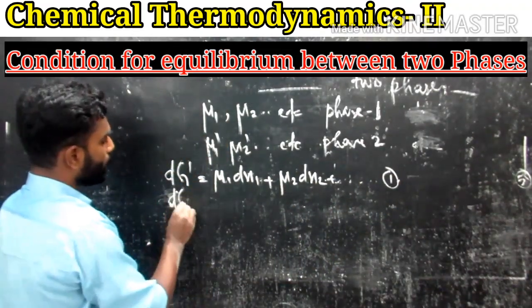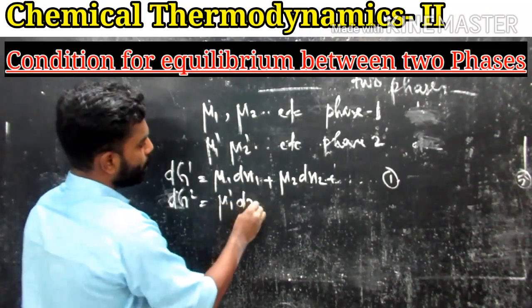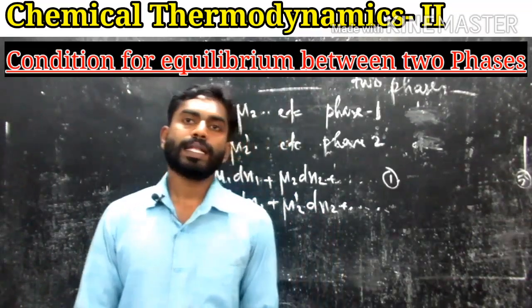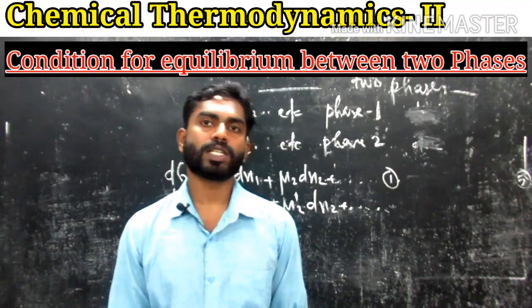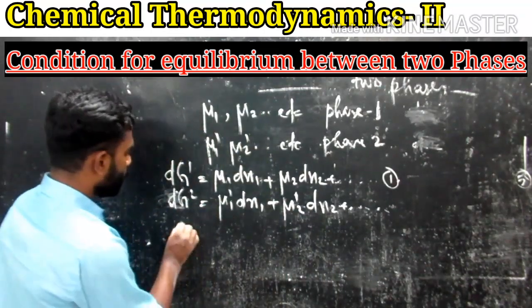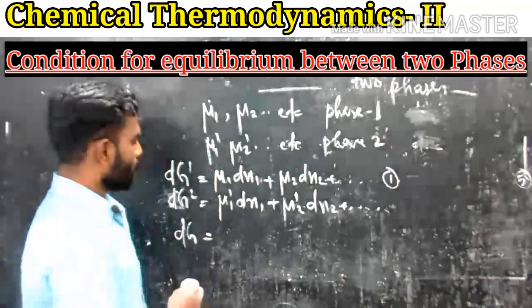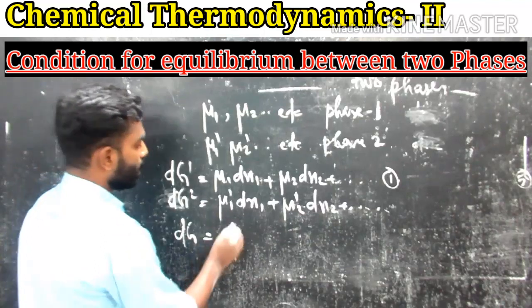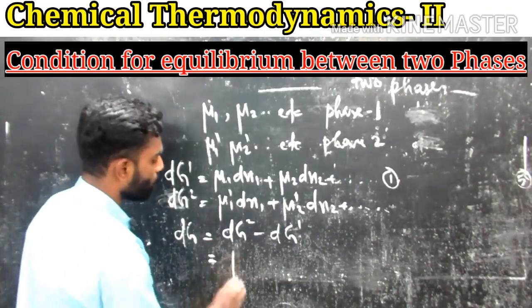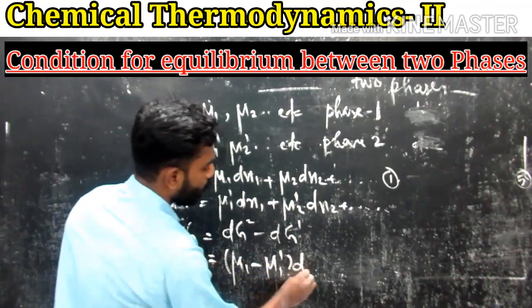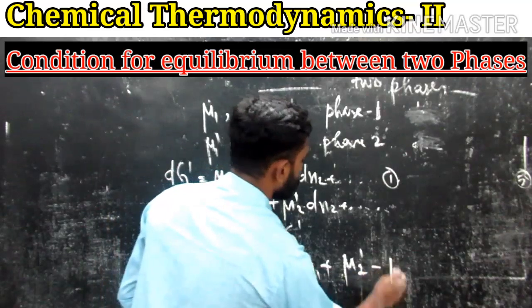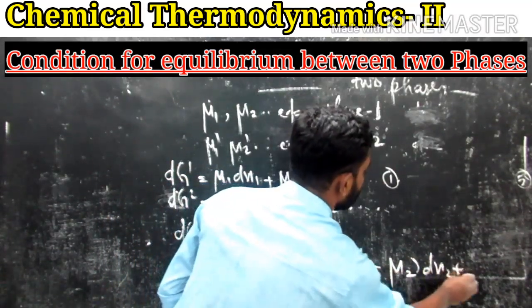And dG2 is equal to mu1 dash dN1 plus mu2 dash dN2 plus etc. Then the net change in Gibbs energy, or total change dG of the above transfer process at constant temperature and pressure, we can write as the difference of these two Gibbs energies, that is dG2 minus dG1, which is equal to (mu1 dash minus mu1) dN1 plus (mu2 dash minus mu2) dN2 plus etc.